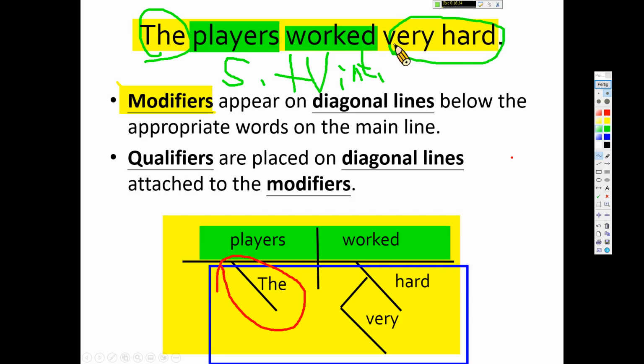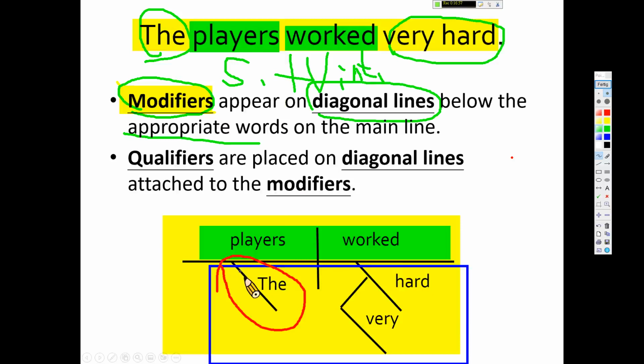So how can we draw modifiers? Modifiers appear on diagonal lines. We use diagonal lines below the appropriate words on the main line. So look here. We know the is used to modify prayers, right?